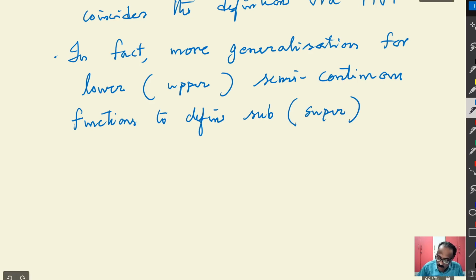Together they define harmonicity. Okay, so it is all useful. You can define these notions for much more general functions than continuous functions.